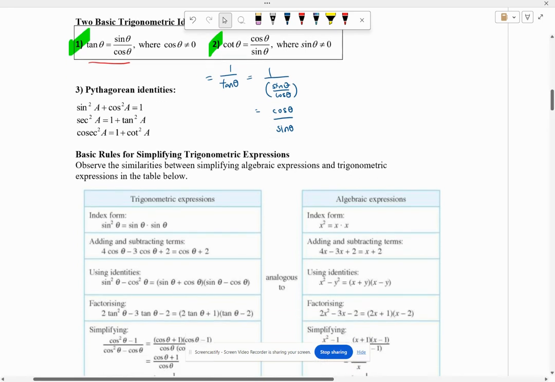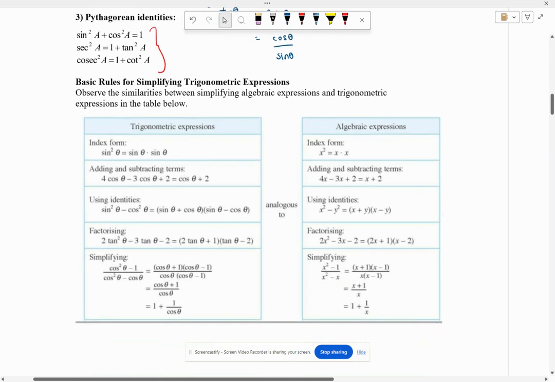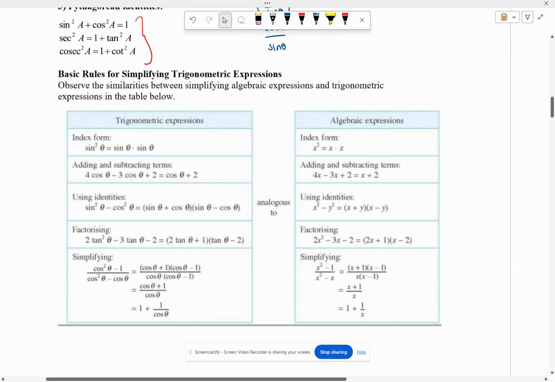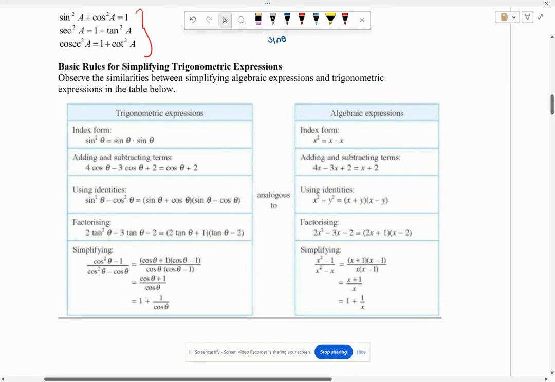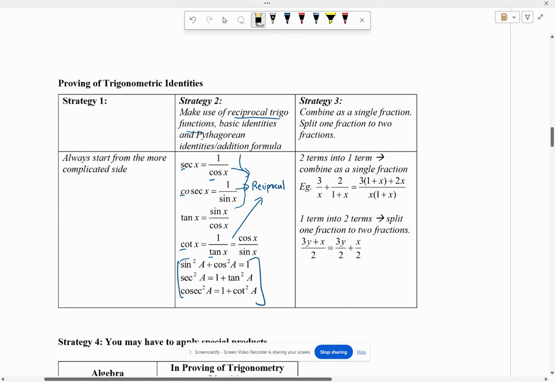We have the Pythagorean identities over here, and here are some basic rules for simplifying trigonometric expressions. Okay, you can read it yourself. So I will put it into 4 strategies.